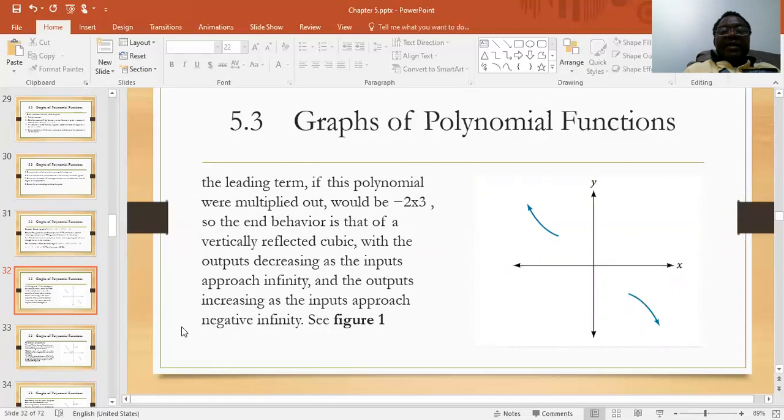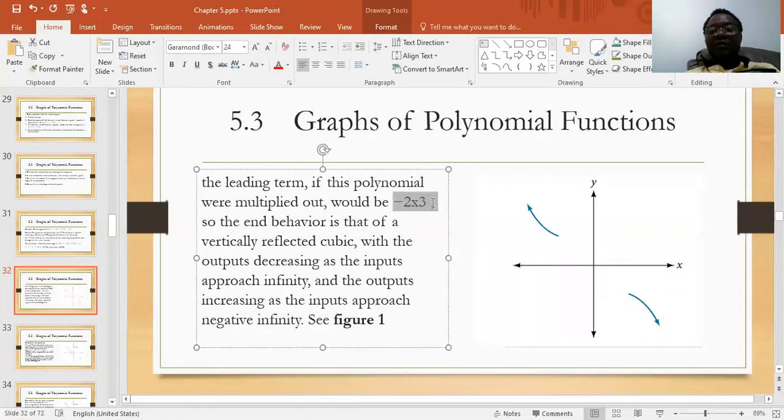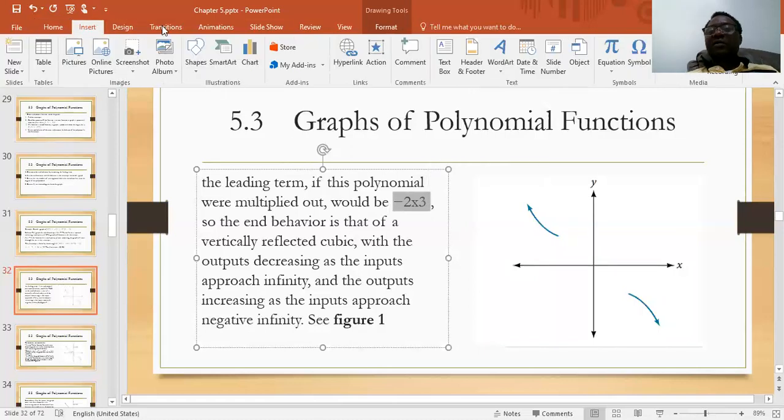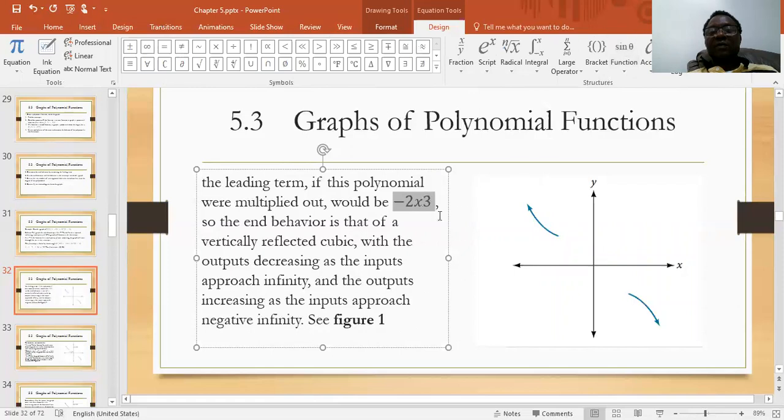So, thinking about the behavior of the leading term: if this polynomial were multiplied out, the leading term would be -2x cubed.